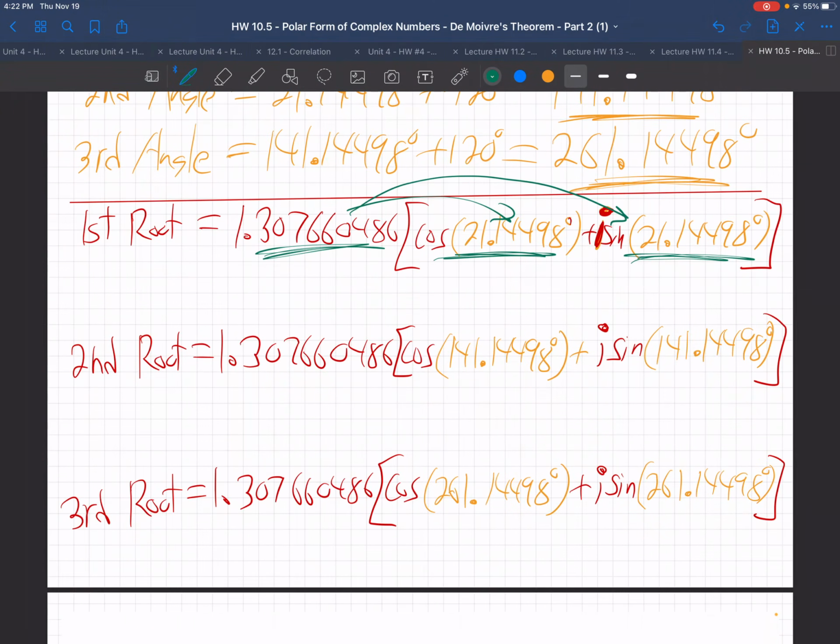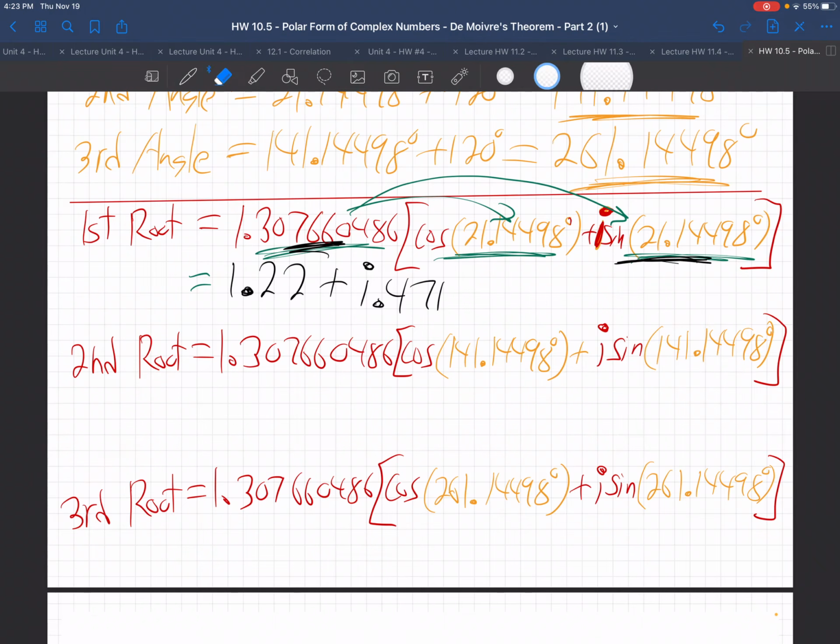So 1.307660486 times cosine 21.14498. I'm getting 1.22 plus I, and then take that number times the sine of 21.14498, and I'm getting 0.47.